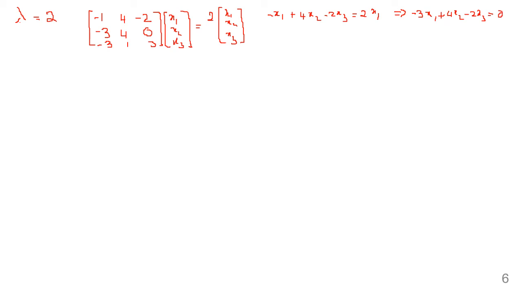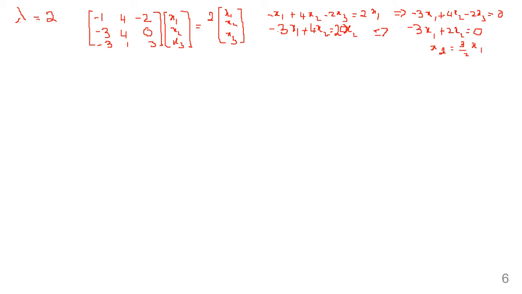Let us write the second equation. The second equation is minus 3x1 plus 4x2 is equal to 2 times x2. So it gives you minus 3x1 plus 2x2 is equal to 0. Therefore, x2 is equal to 3 by 2 times x1.